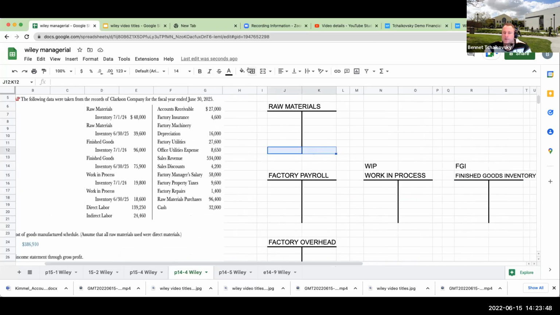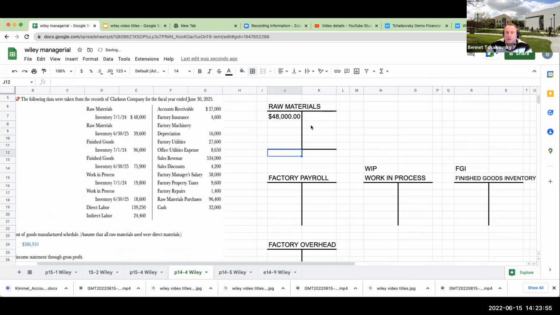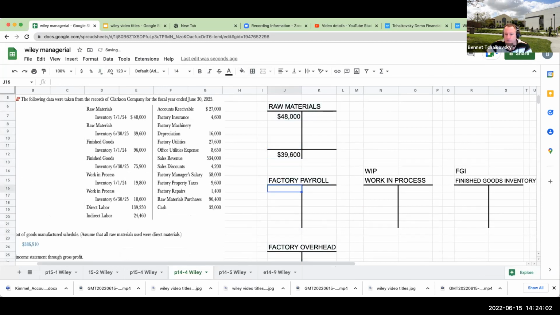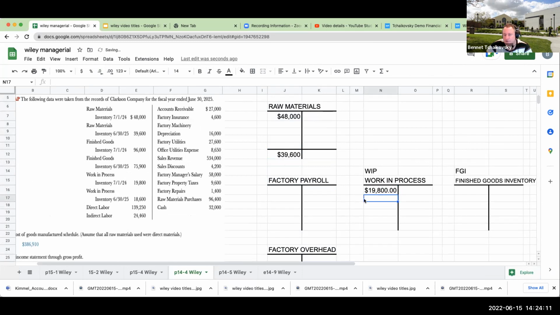Our raw materials inventory had a beginning balance on 7/1/24 of 48,000, and an ending balance of 39,600. Our work in process, which goes to finished goods, but let's just go in order, had 19,800 and an ending balance of 18,600.